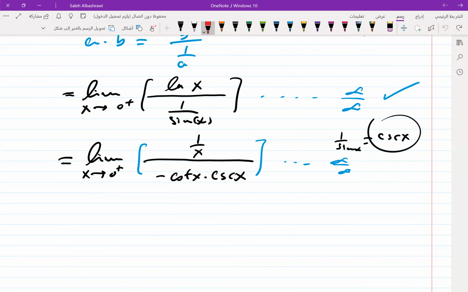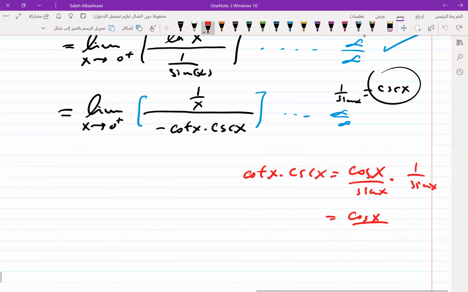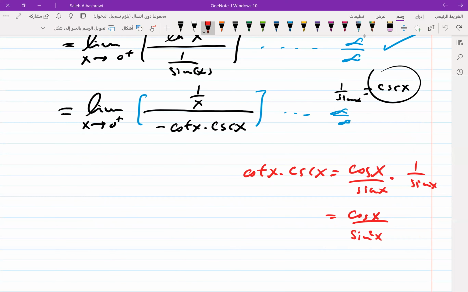We know that cotangent multiplied by cosecant x is equal to cosine x over sine multiplied by cosecant, which is 1 over sine. It is cosine divided by sine squared. And I have minus.